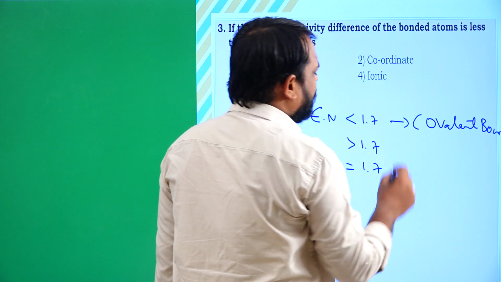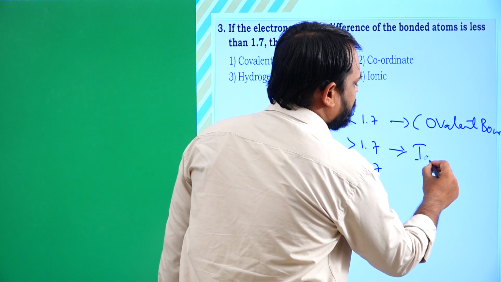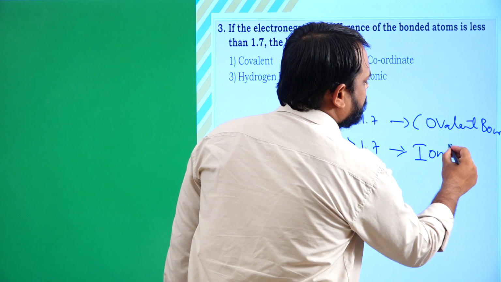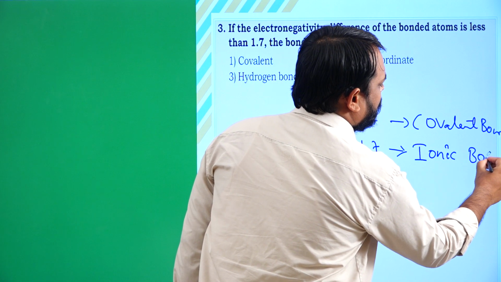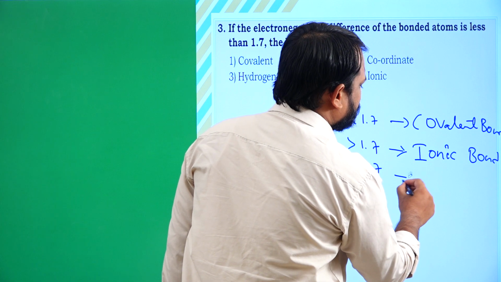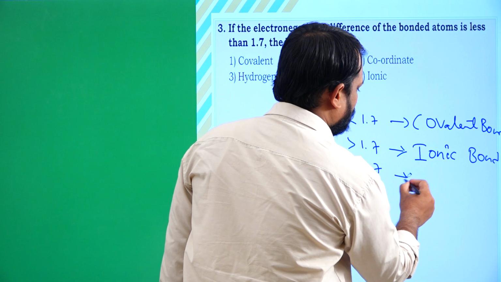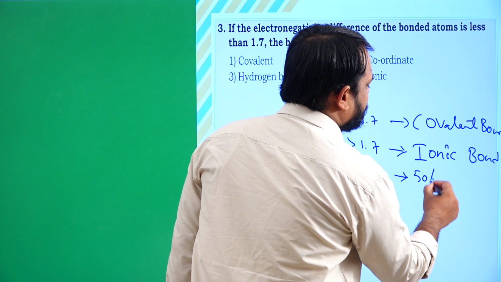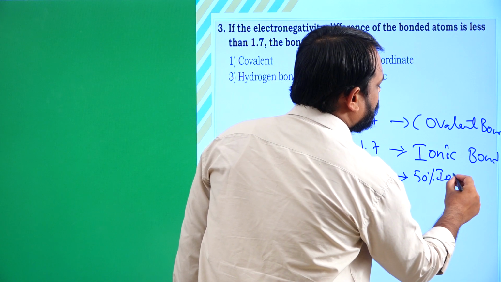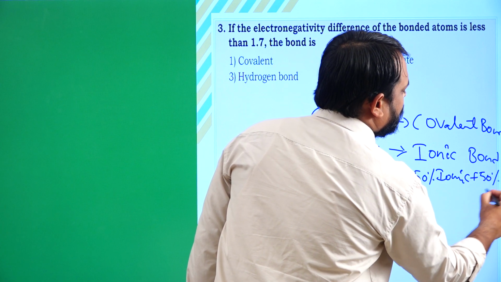If it is greater than 1.7, the type of bond formed is ionic bond. If it is equal to 1.7, it is 50% ionic and 50% covalent.